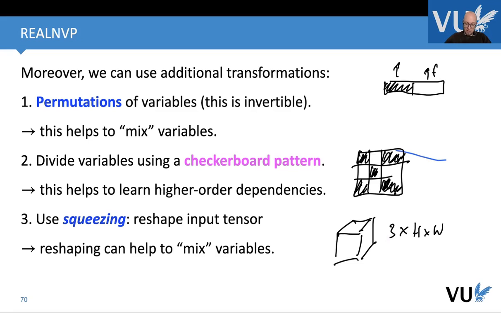So we can reshape it and, for instance, get a different tensor, something like 6 times new height times new width. Now we can divide this tensor into two equal parts.